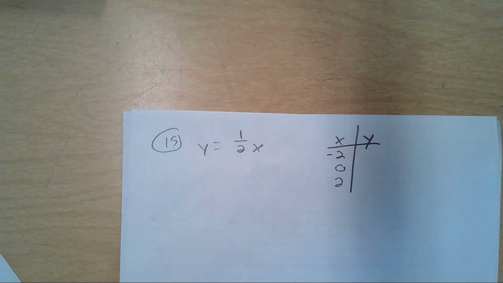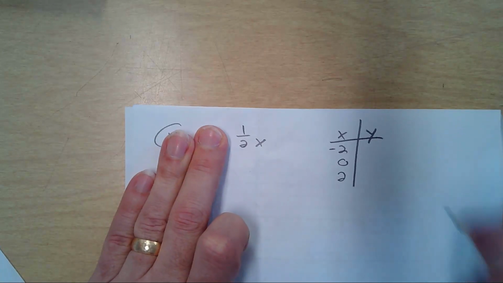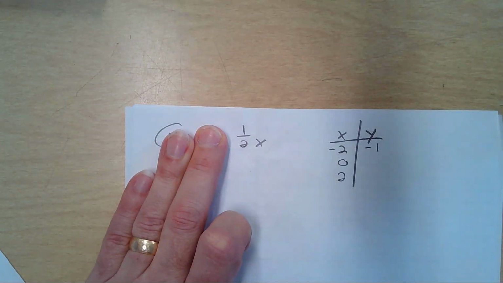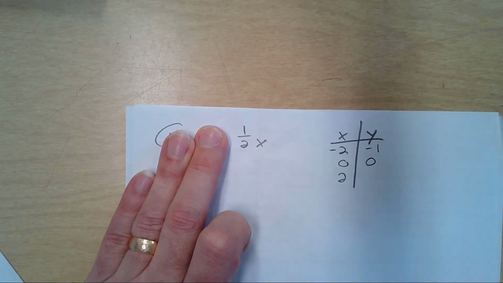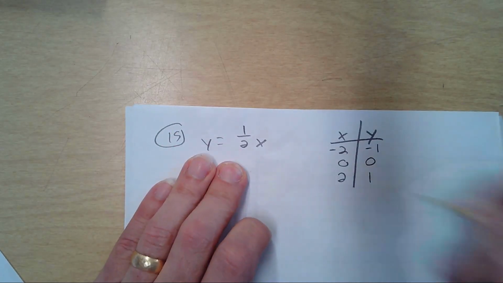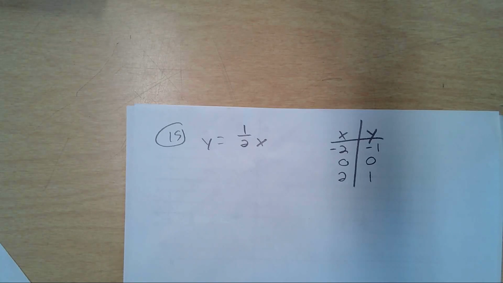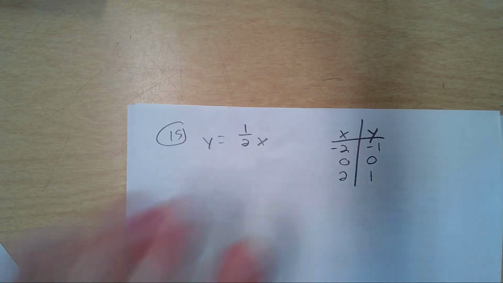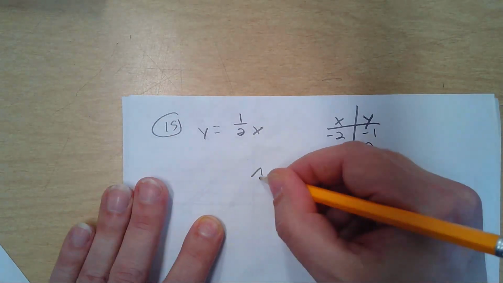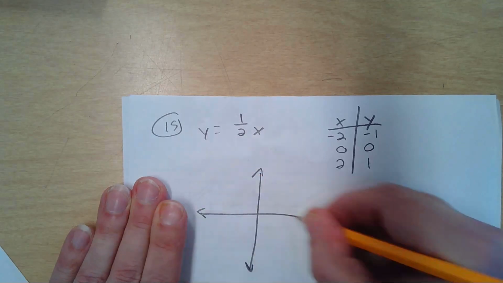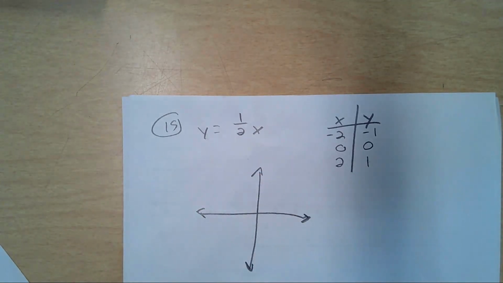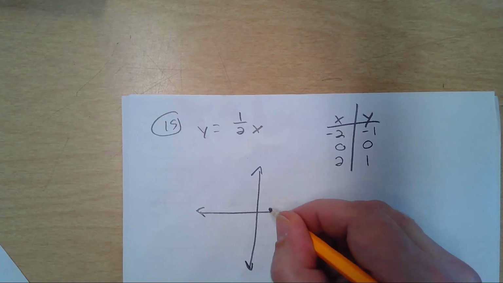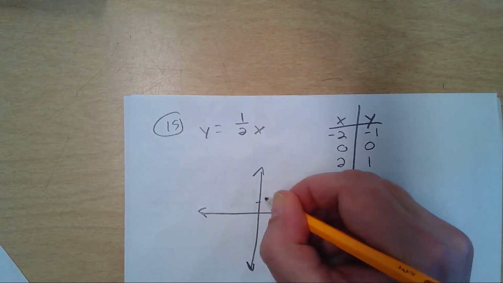You may have picked something else, but -2 times 1/2 is -1. Anything times 0 is 0. 2 times 1/2 is 1. Now again, I got nice, clean, easy whole numbers. You can certainly just make your own graph off to the side.